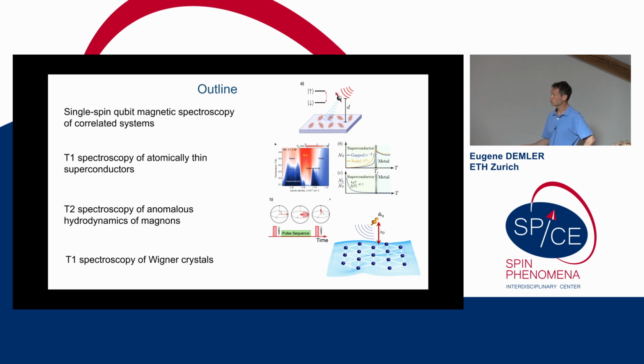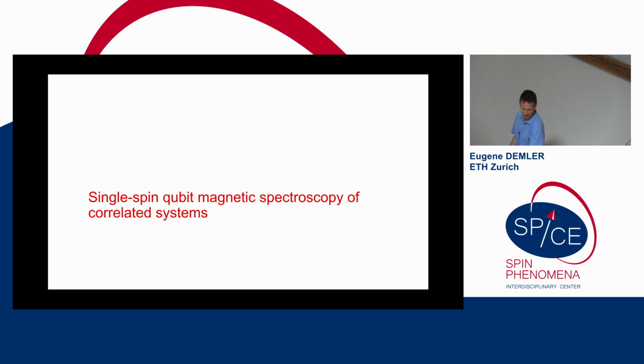The second one will be about seeing anomalous scattering of magnons in something as familiar as ferromagnetic systems. And the final subject will be how we can use NV centers to study still unexplored phases at the transition between the Wigner crystal and Fermi-liquid phases.